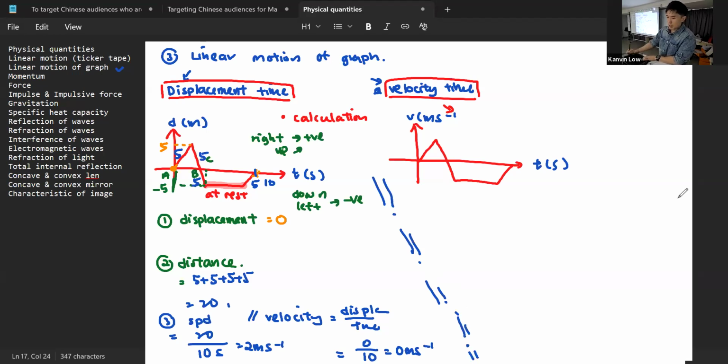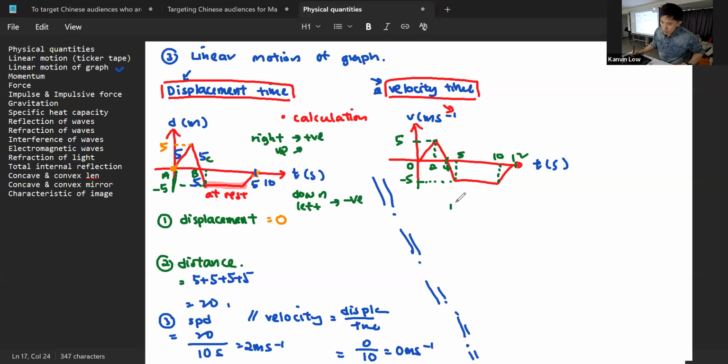No, right? Okay, great. So students, how about for velocity time over here? Pretty easy. So same thing. Let me give you the same numbers. Let's say this is 5, and this part is -5. Okay, so let's say this one is 0, 2, 4, 5. This part is 10, and this part is 12.